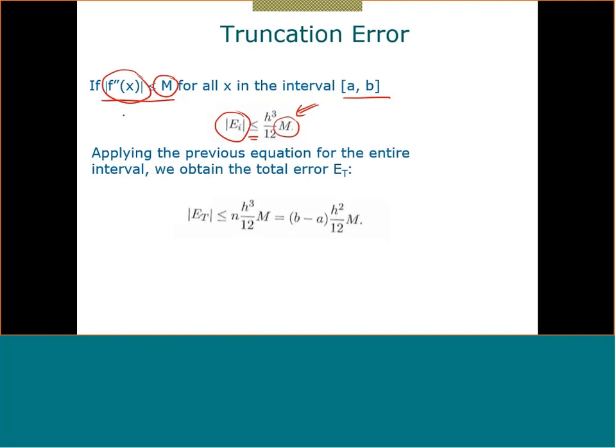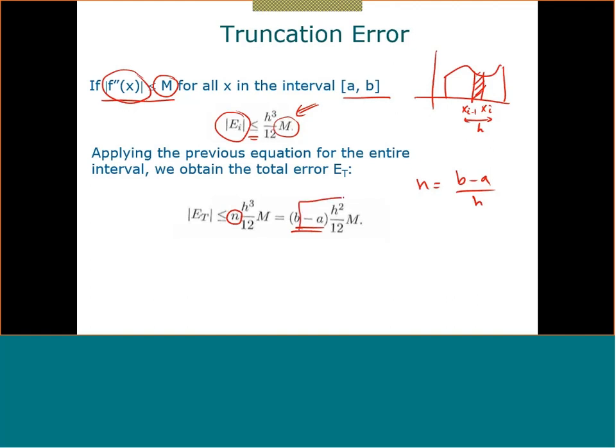Now, this is only for one interval. If this is my function, this is only for one interval, which I define as x of i minus 1 and x of i, which is h. Now, if I want to expand that to the whole thing, I need to multiply by n. N, we know, is equal to b minus a divided by h. So I will substitute with this b minus a over h, and this h will cancel with h cubed.